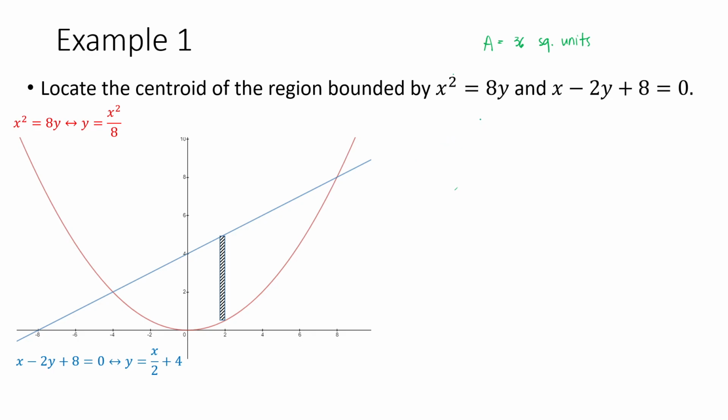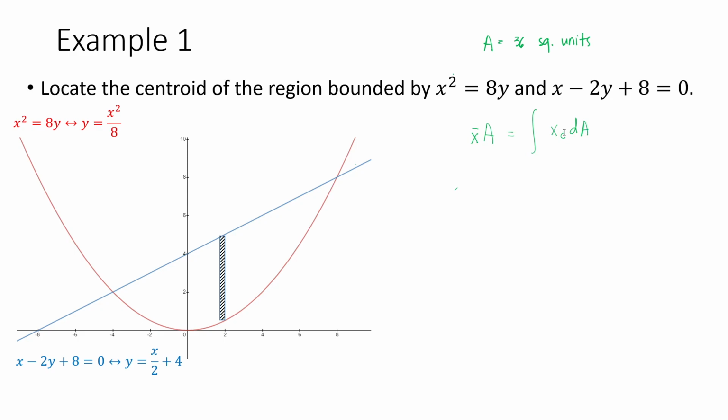So let's say we're going to solve bar x first, and afterwards we're going to solve bar y. You're going to see the difference in the formula that we create for bar x and bar y. So bar x times area, again, the whole is equal to the individual components, x sub c and then differential area.